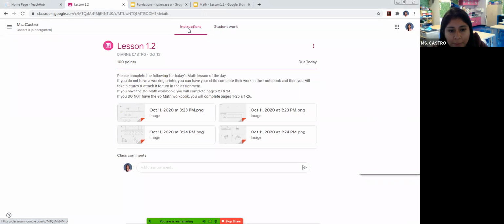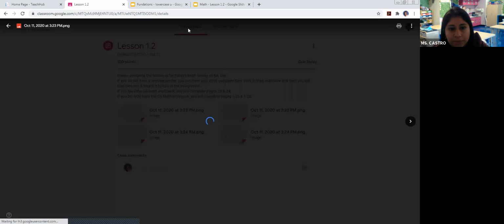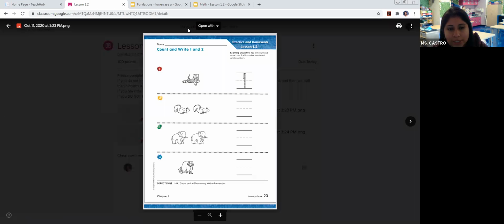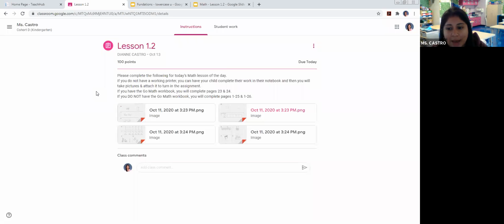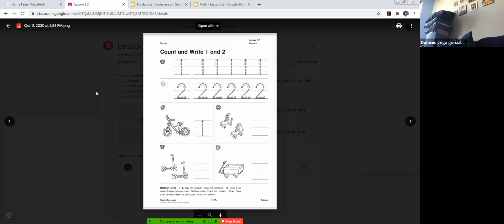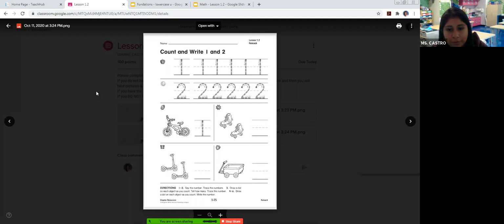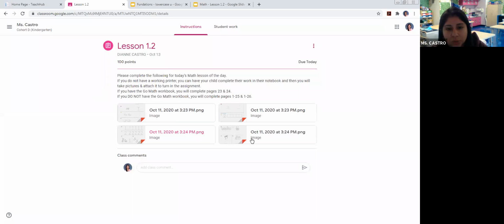So if you have the math books on pages 23 and 24, that's the work you're going to do today. If you do not have the math book, which it's okay if you do not, Ms. Castro put up here 1-25 and 1-26.